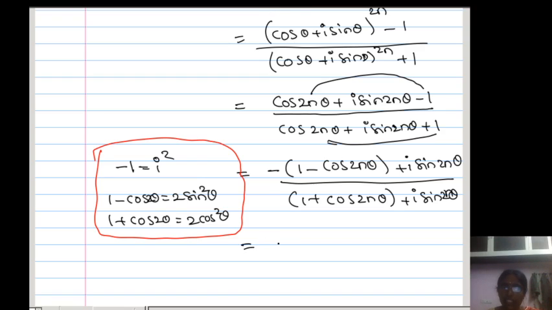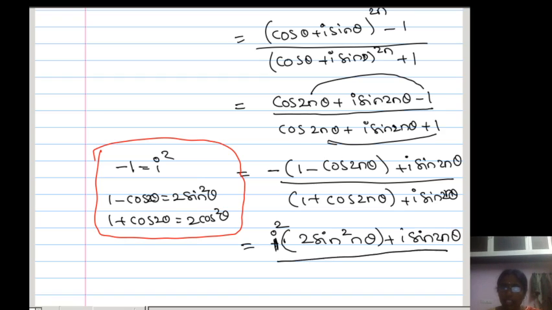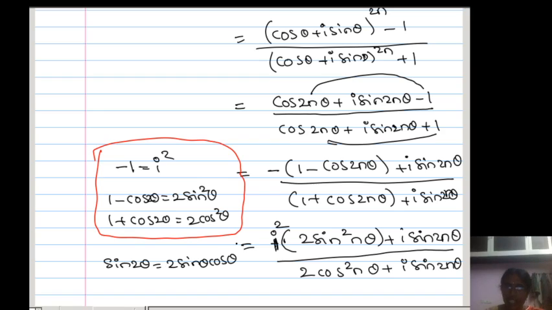So I can substitute here. First of all, I am writing minus 1 as i square. Next, 1 minus cos 2n theta written as 2 sin square n theta plus i sin 2n theta, by 1 plus cos 2n theta written as 2 cos square n theta plus i sin 2n theta. But you know one more formula: sin 2 theta can be written as 2 sin theta cos theta. By using that relation, I can expand this again.